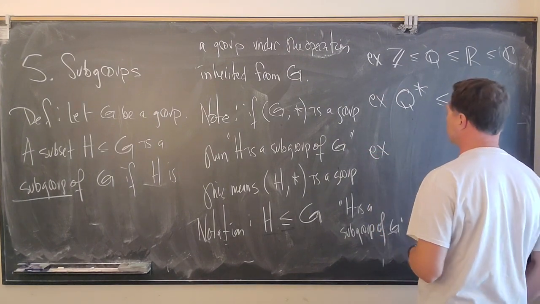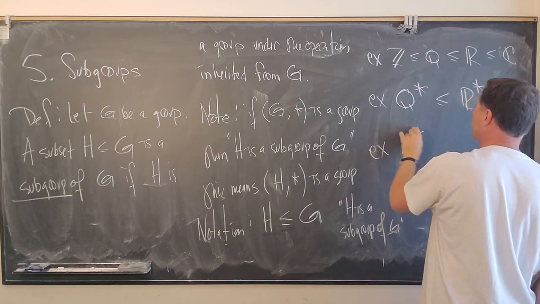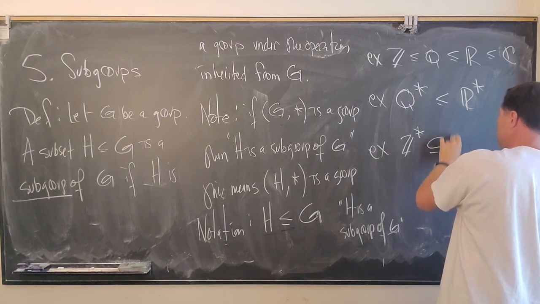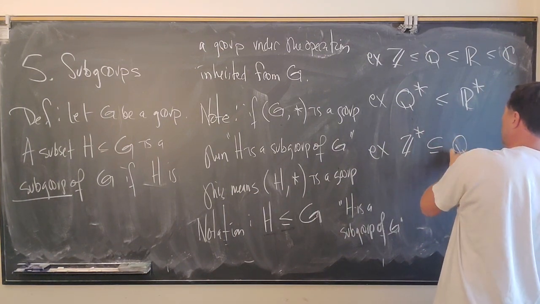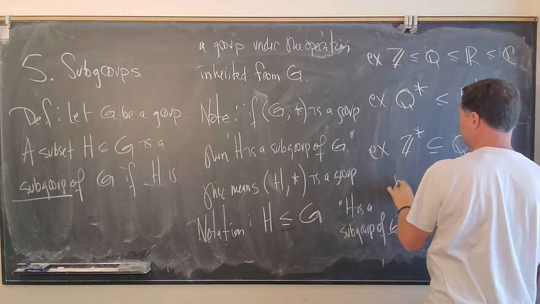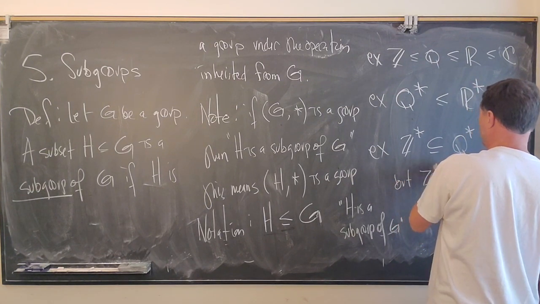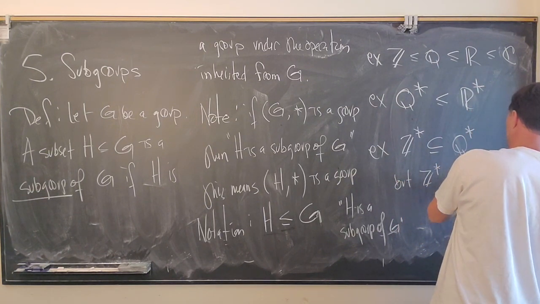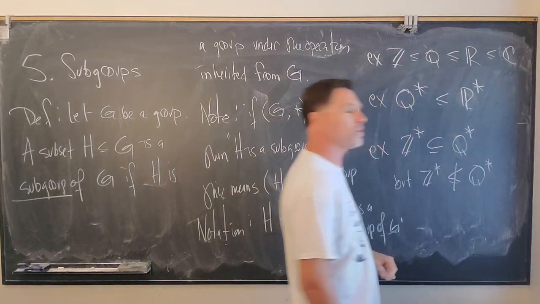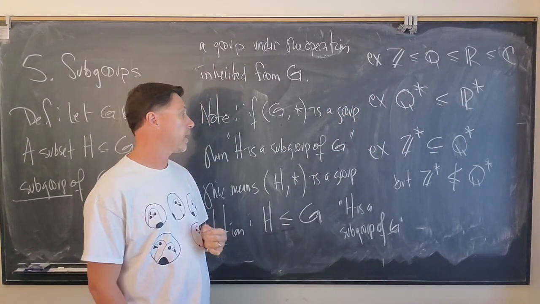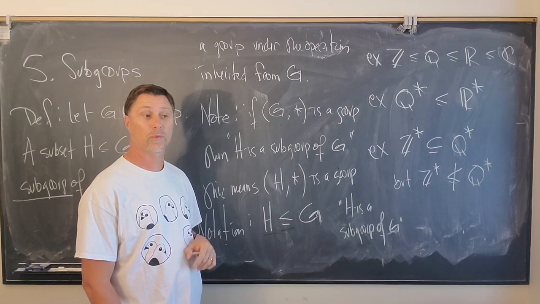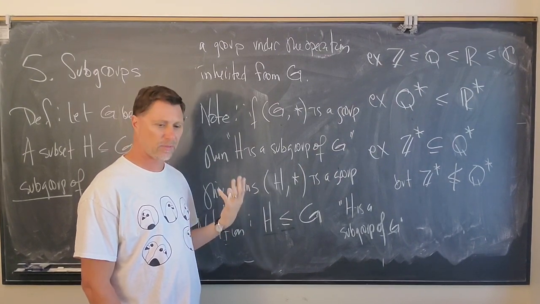And then another example, Z star is a subset of Q star, but Z star is not a subgroup of Q star. Why is that? Well, because Z star is not a group. Right? We showed that earlier. It doesn't have inverses.